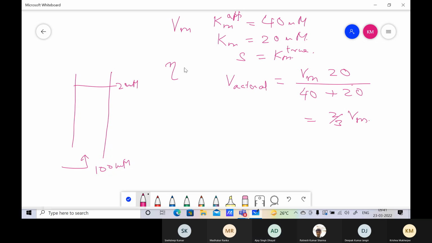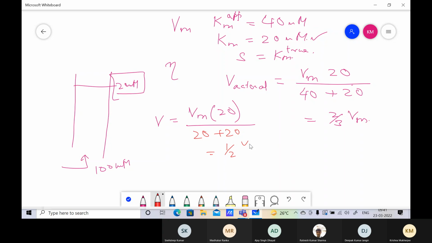What would it have been if there was no mass transfer? V would have been equal to Vmax into 20 upon the true Km, so 20 plus 20, which is equal to half Vmax. So what is the efficiency? Sorry, not 2 by 3, 1 by 3.